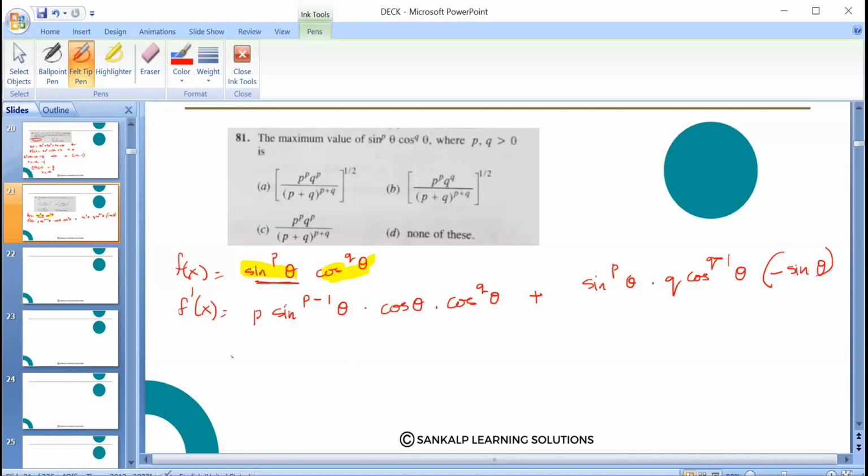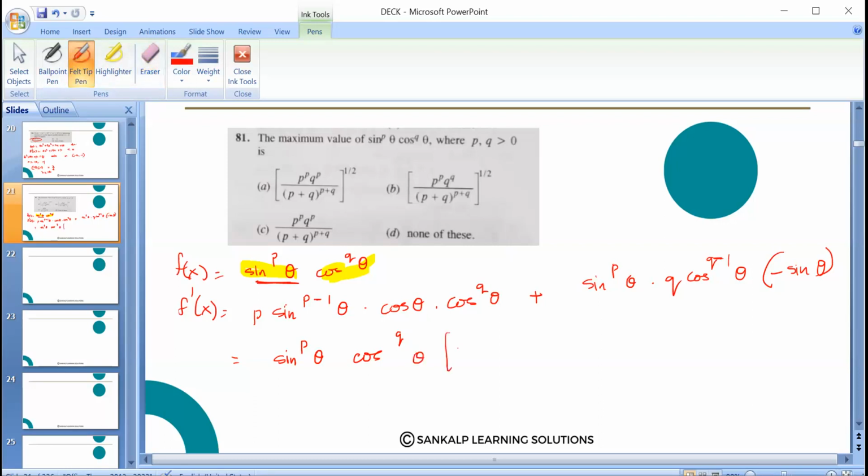Using product rule, you can take sine power p theta common and cos power q minus 1 theta common. Or if you want, you can take sine power q theta only common.